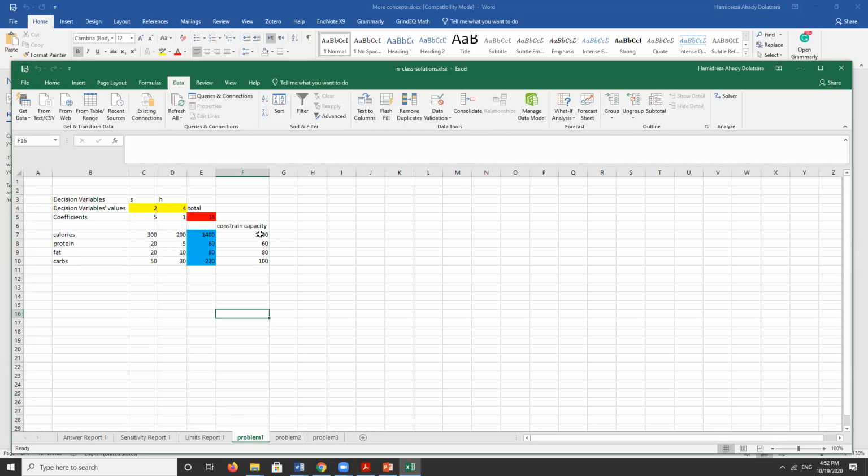The right hand side is my constant, which is 1000. So the left hand side, which is the blue cells, is not equal to the right hand side. So my calorie constraint is not binding, because based on my decision variables, the multiplication of the coefficients by the decision variables is not equal to the right hand side.